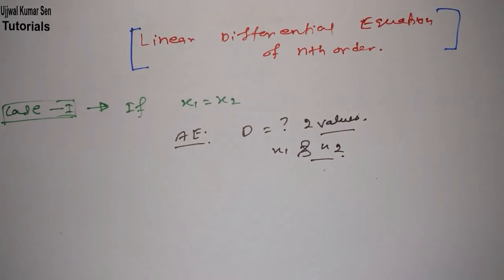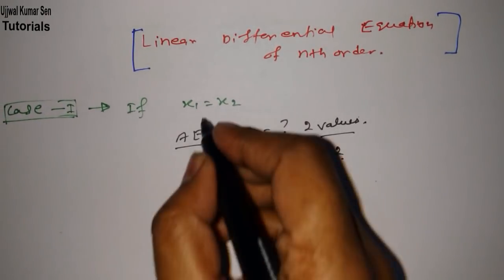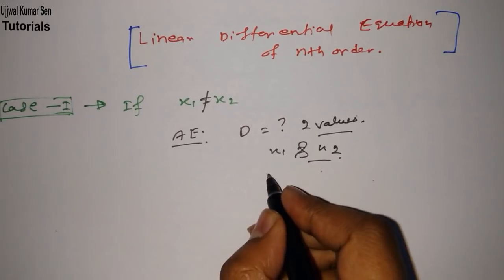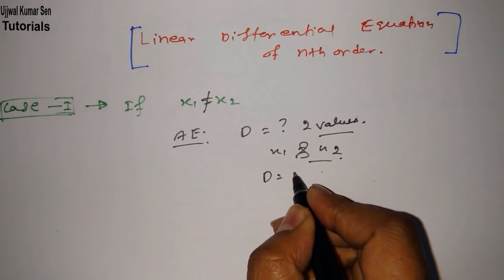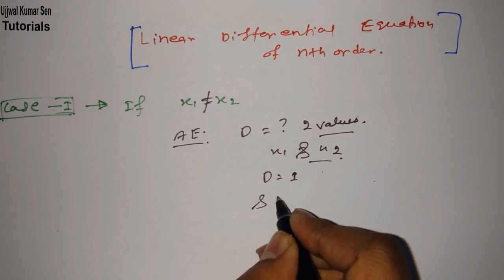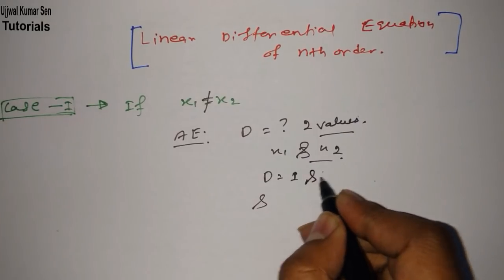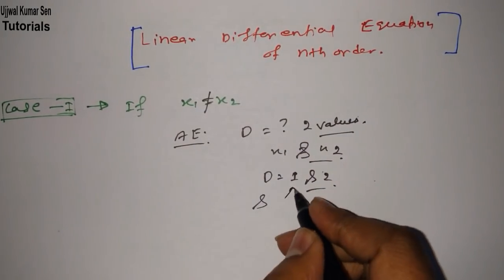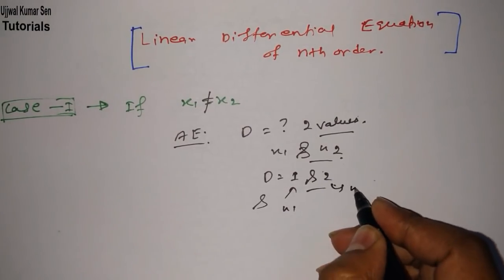In case 1, x1 is not equal to x2, that means the values we are getting here, let's say d is equal to 1 and 2. That means x1 is 1 and x2 is 2.